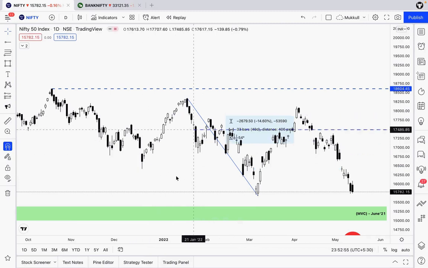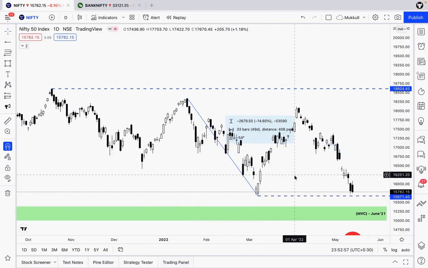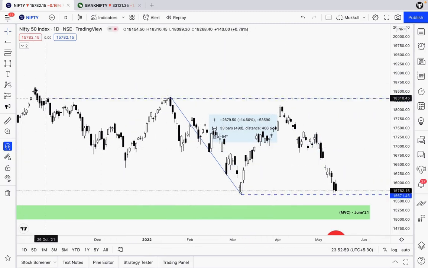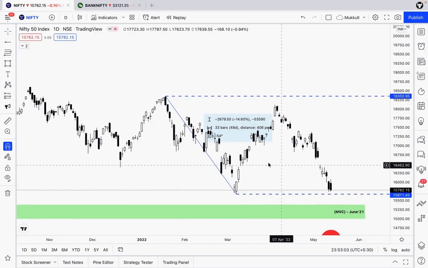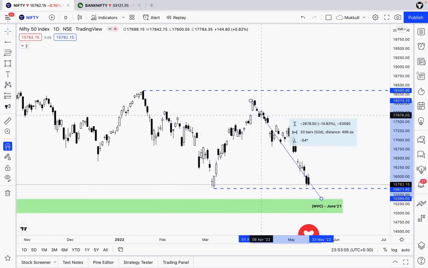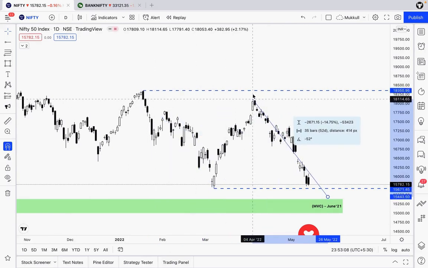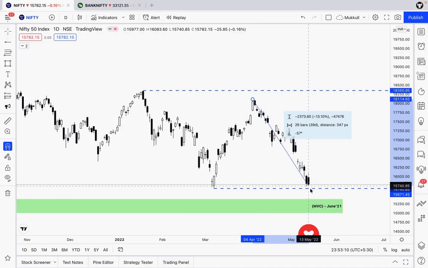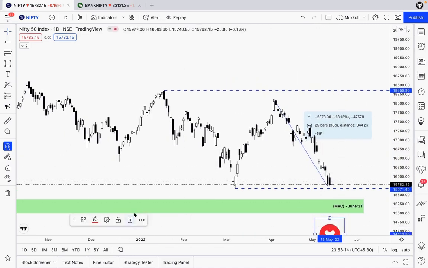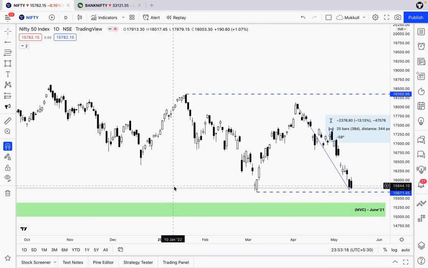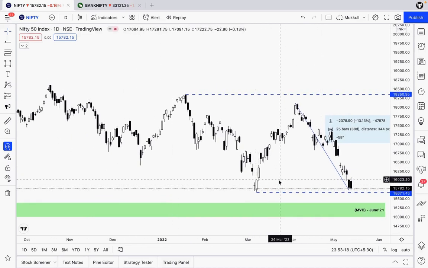This is our swing low now, and this is our previous swing high. In the same fashion, we get a pullback till here, and we are near our previous swing low.